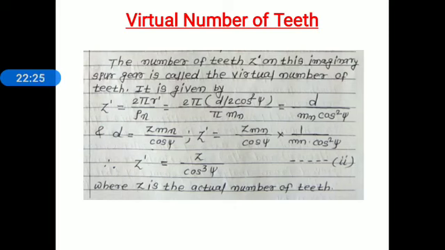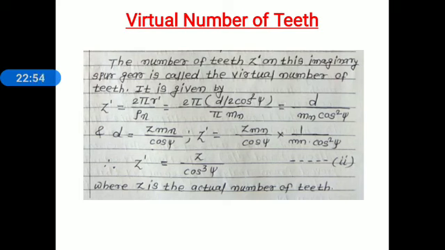Now here we substitute the value 2 pi. We know the value of r dash from expression number 1, that is d divided by 2 cos square alpha, and the normal circular pitch is pi into mn. Now just simplify: z dash is equal to d divided by normal module into cos square alpha.